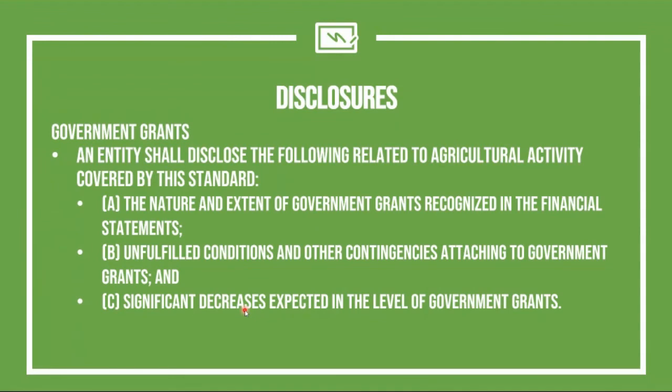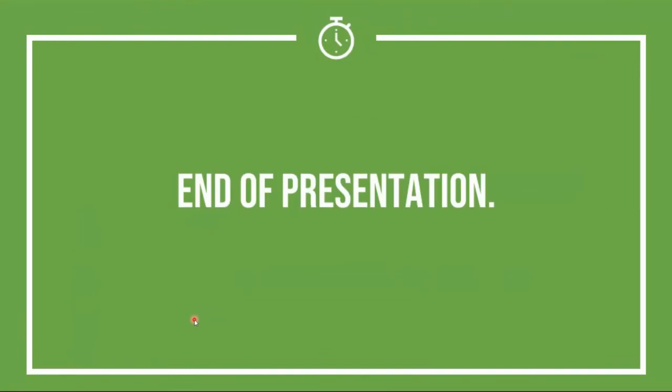So meaning, you need to make the necessary adjustments of the recognition based on the expected decreases or the significant decreases while you are fulfilling the conditions of the government grant. So that's the end of the presentation.